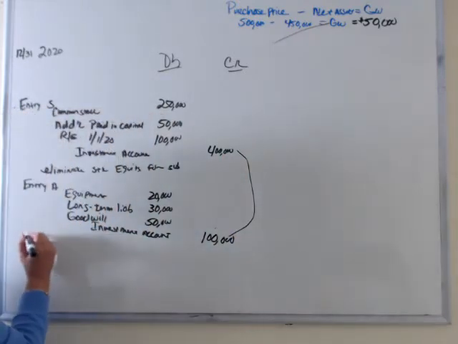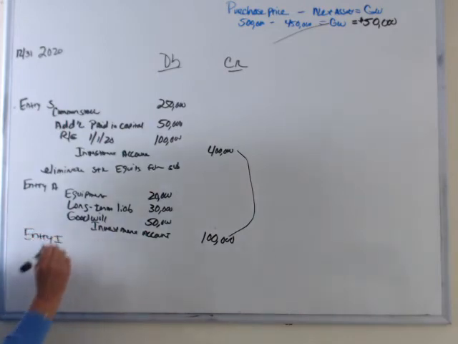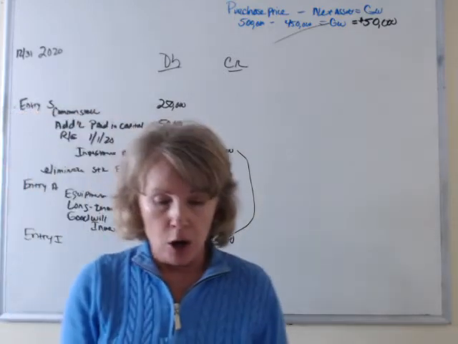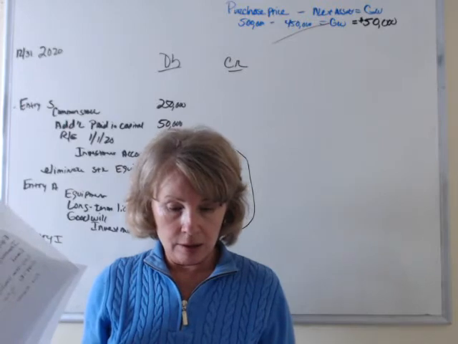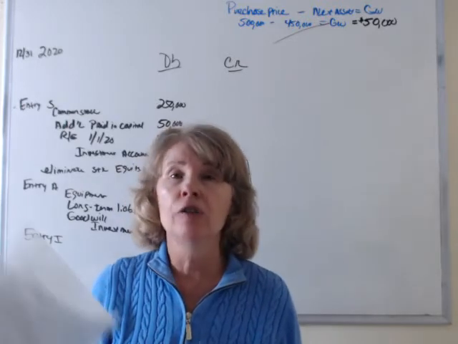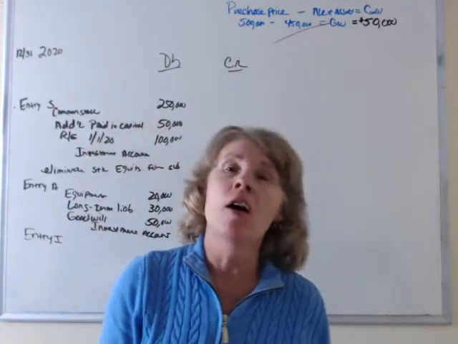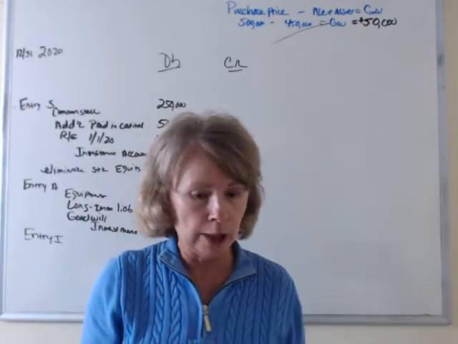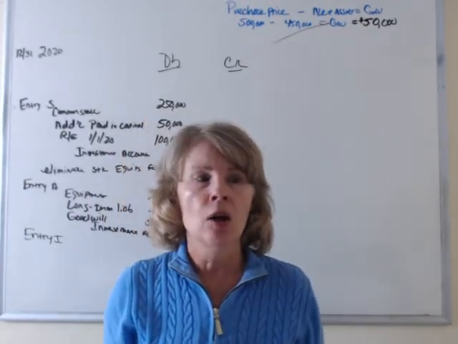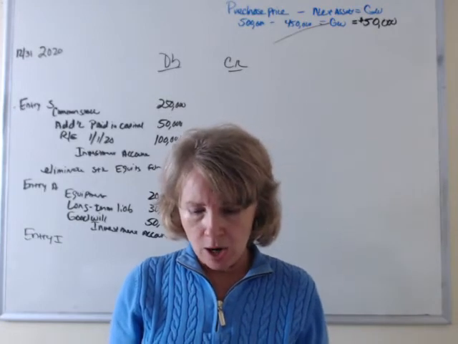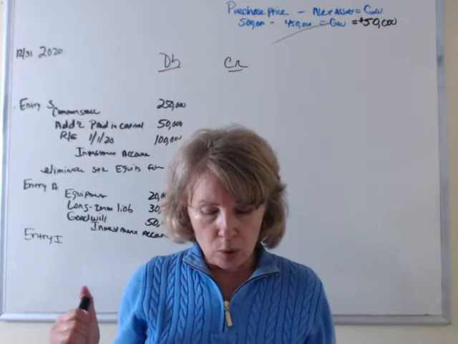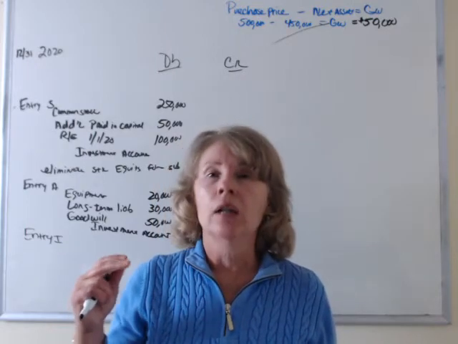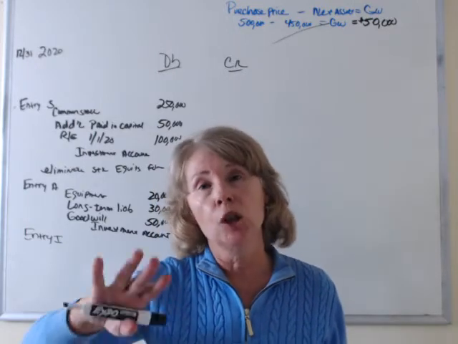Now I'm going to do entry I. All right, let me explain to you what's happening. This is the initial value method. I know it as the cost method, so I'm going a little crazy on this because this textbook calls it the initial value method. It's the same as the cost method. So you're going to eliminate what you did at the lower level.